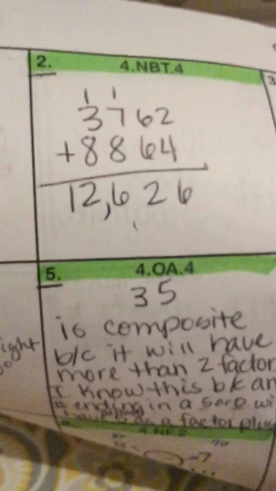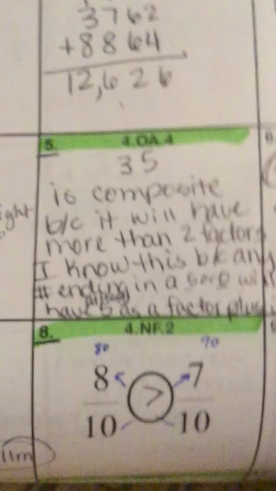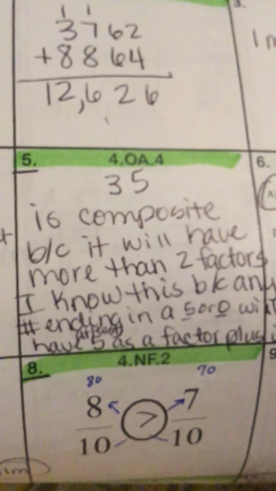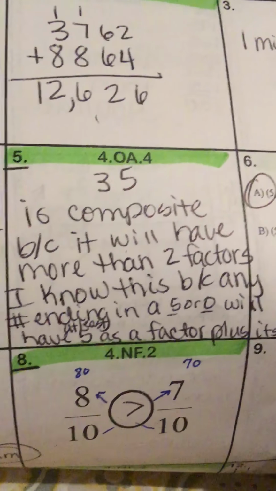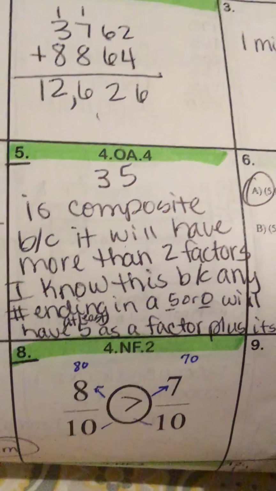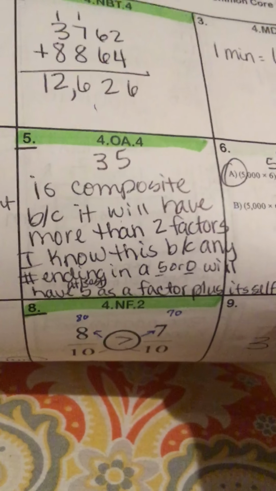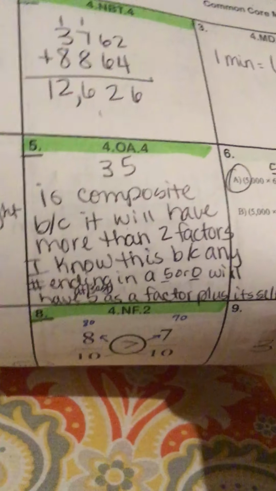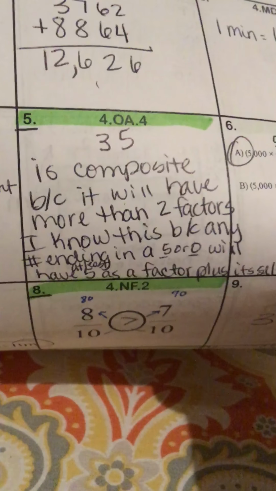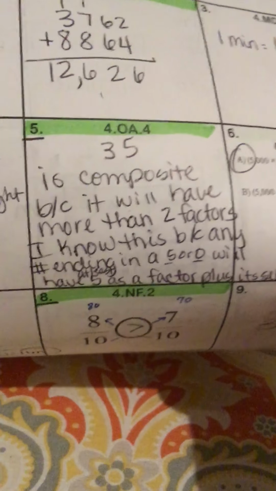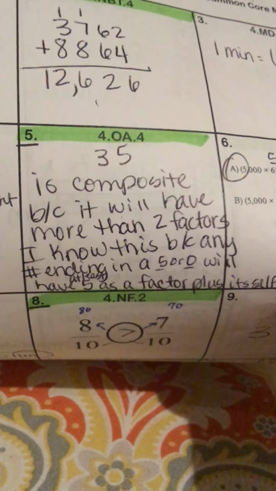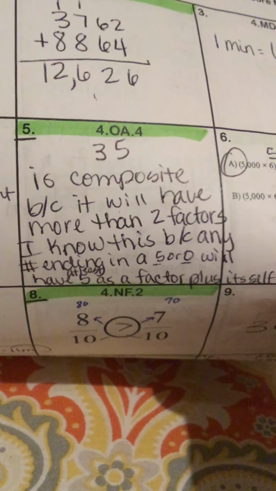This next question is just an addition problem. On this question, it is a number, whether it's prime or composite. I like to tell them to remember that you can think of Amazon Prime. Prime ships in 2 days sometimes, but if a number is prime, then it would only have 2 factors. If a number is composite, it has more than 2 factors.